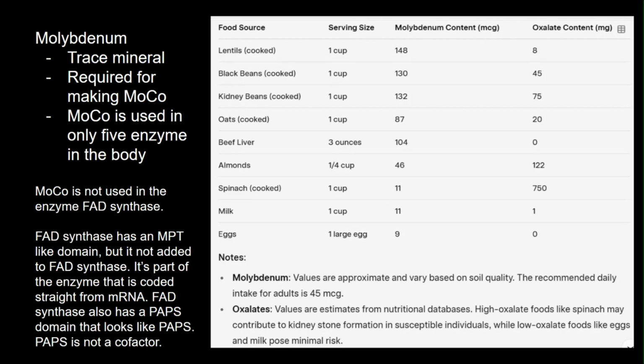So many times people have told me, but I was told that when I took molybdenum, it fixed my FAD deficiency because suddenly I no longer had high succinate levels on my organic acid test. And also, I no longer had any problems with my short chain fatty acid metabolism.